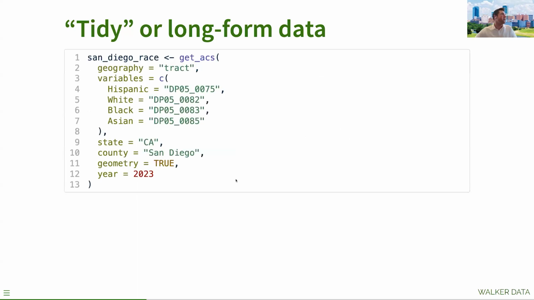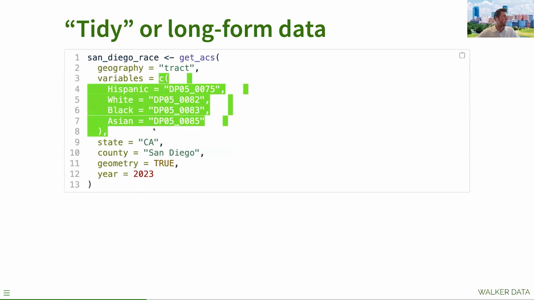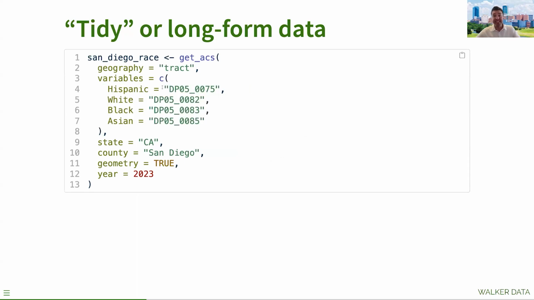Let's say you have multiple variables, and you'll notice here, if you supply what's called a named vector to variables, you'll replace the default census variable IDs with your own definitions. So here I'm pulling race for San Diego County, California, which is the county that contains the city of San Diego, and I'm getting it in long form.